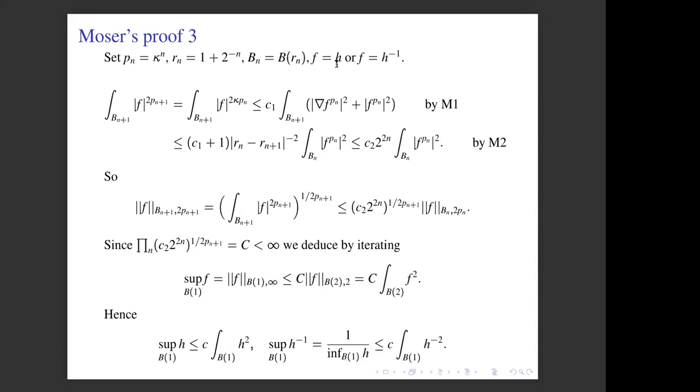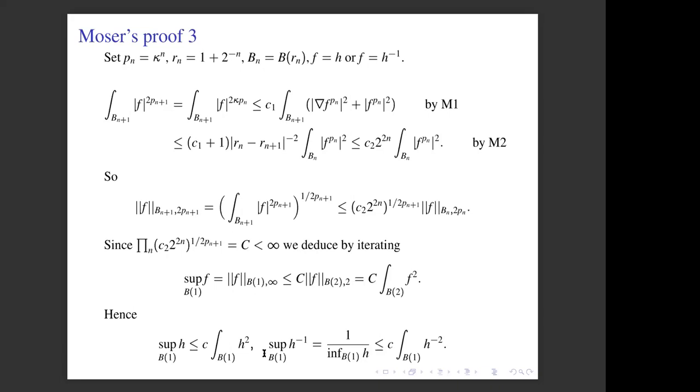Now, remember that f could be h or h to the minus 1. And so what we end up with is the supremum of h over B_1 is less than a constant times the L^2 norm of h, and the supremum of h to the minus 1 is less than a constant times the L^2 norm of h to the minus 1. So we've moved from wanting to control the function at a point to needing to be able to handle integrals of the function.